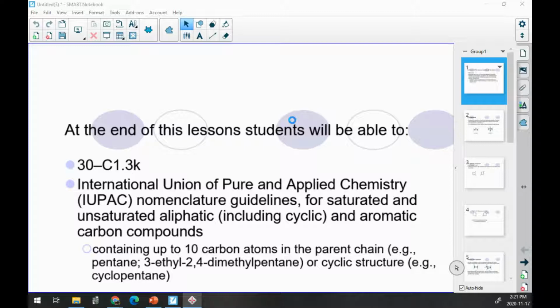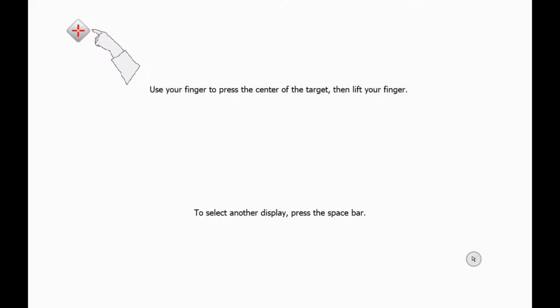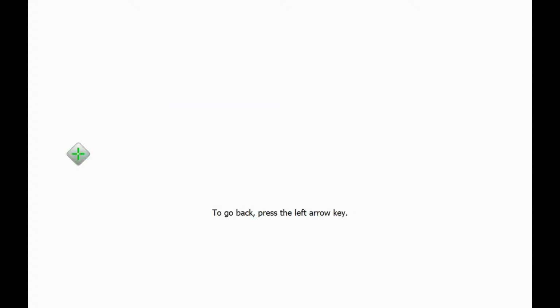Then we had SCN, CN, and OCN: thiocyanate, cyanide, and I'm not sure what the name of that one is. Everything else containing carbon is considered part of organic chemistry.